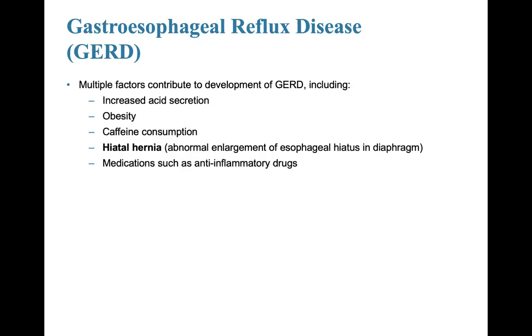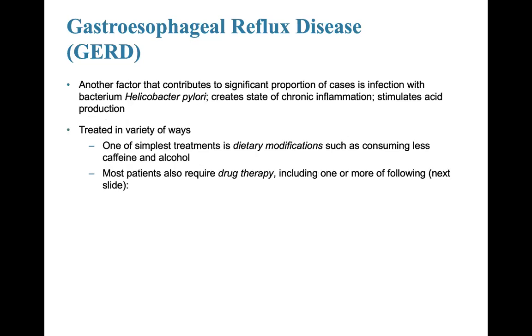There are multiple factors that can contribute to the development of GERD. This includes increased acid secretion, obesity, caffeine consumption, a hiatal hernia, as well as medications such as anti-inflammatory drugs. Another factor that can contribute to GERD is a bacterial infection referred to as Helicobacter pylori.